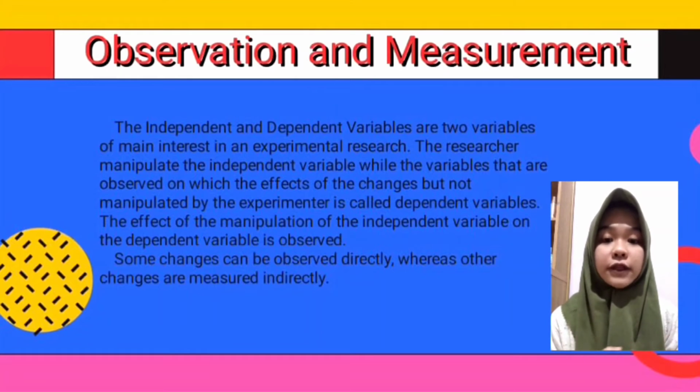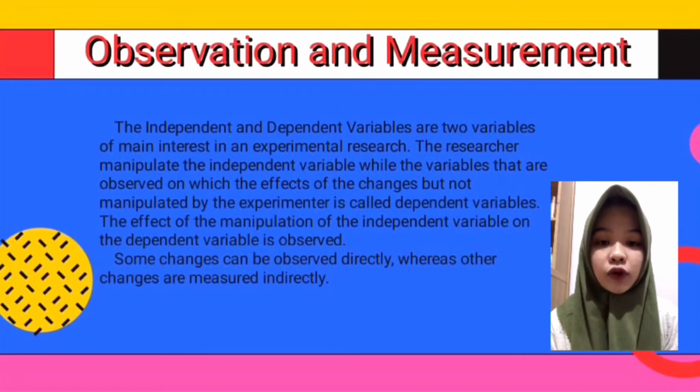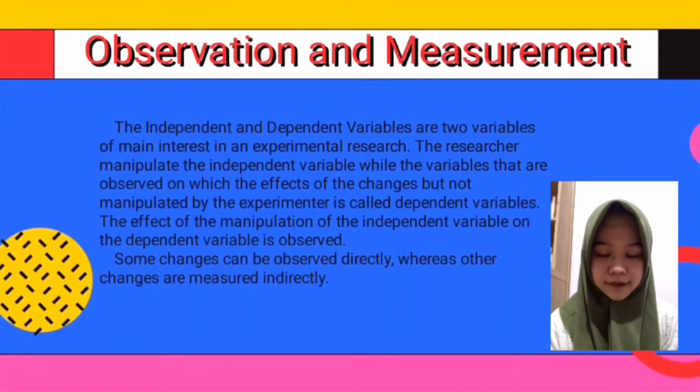The effect of the manipulation of the independent variable on the dependent variable is observed. To examine the effect of different teaching methods on achievement in reading, a researcher would manipulate method, the independent variable, by using different teaching methods in order to assess their effect on reading achievement, which is the dependent variable.